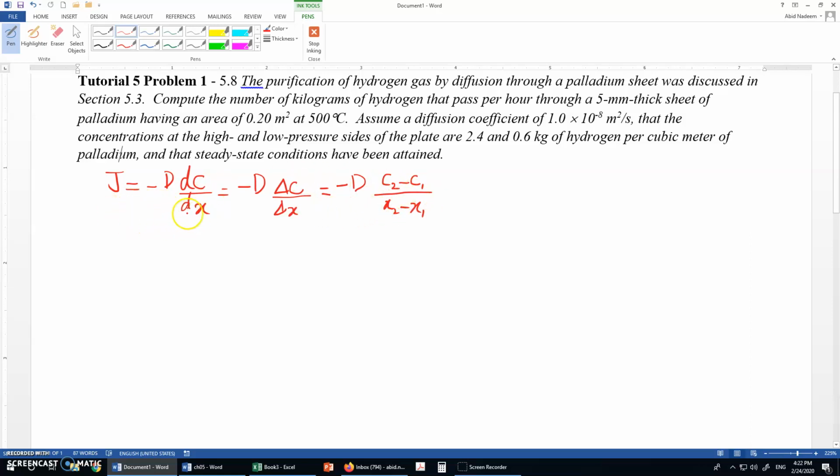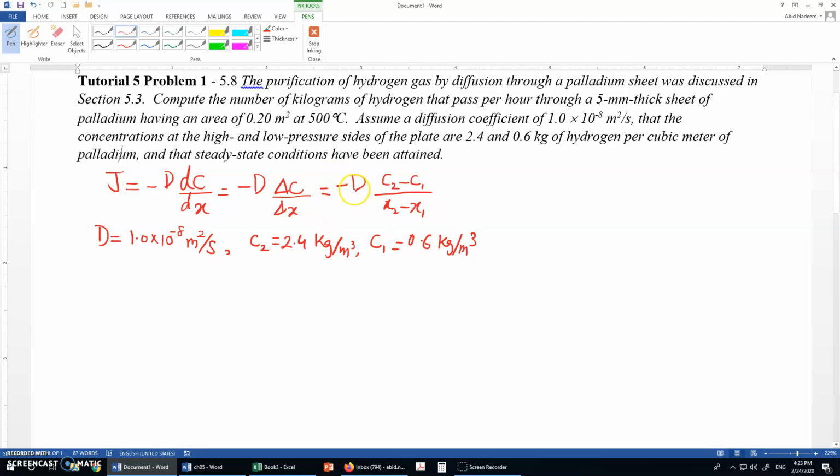In this case we already know that the diffusion coefficient is given as 1.0 × 10^-8 square meter per second, and the concentrations at the high and low pressures are also given: C2 is 2.4 kilogram per cubic meter, and C1 is 0.6 kilogram per cubic meter.